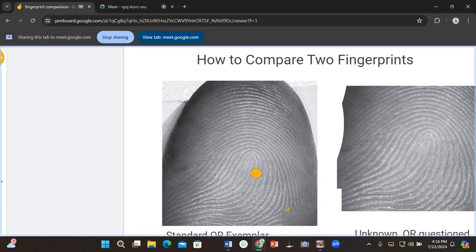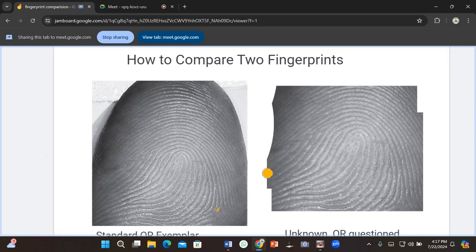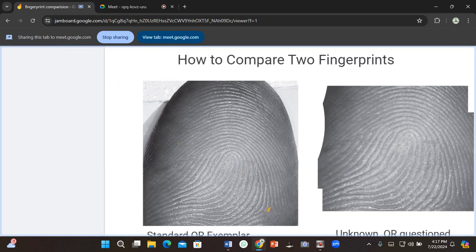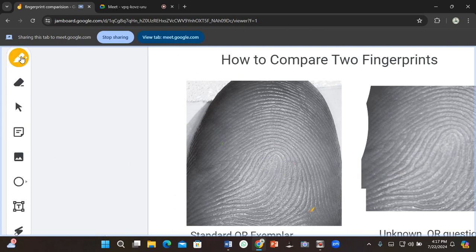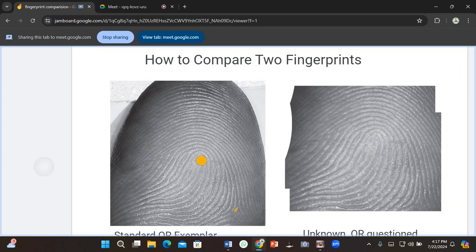Then we have the core here. Let's mark the core with another color. Because we don't have much color, let's still use yellow for the core. This is our core here.